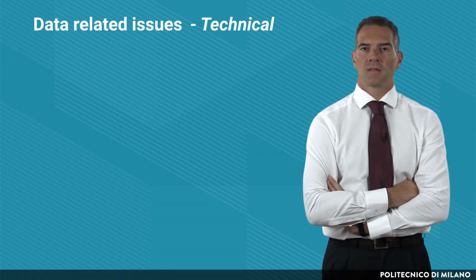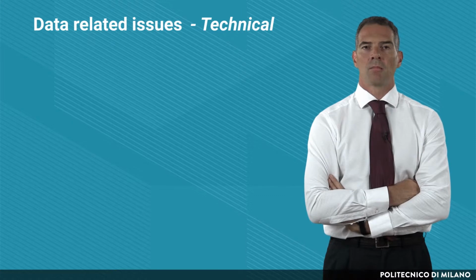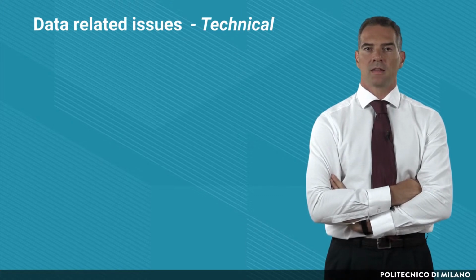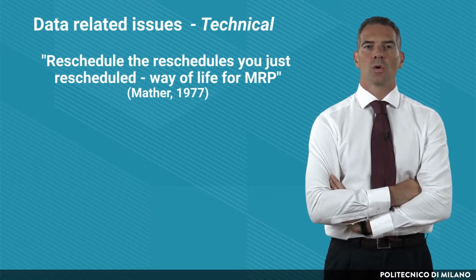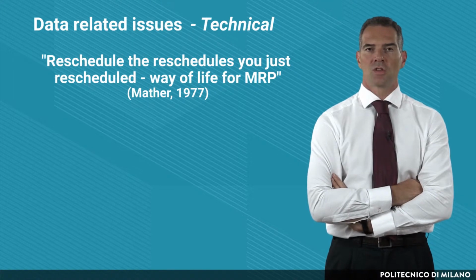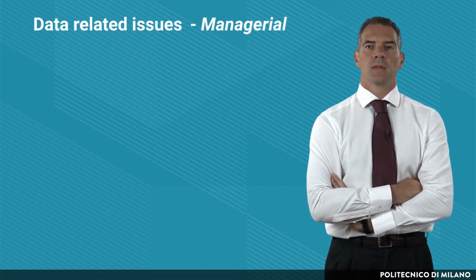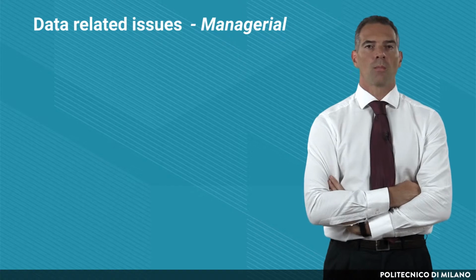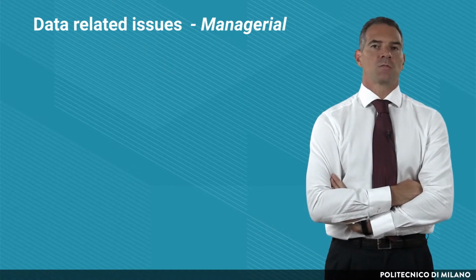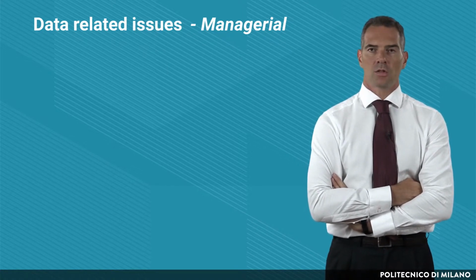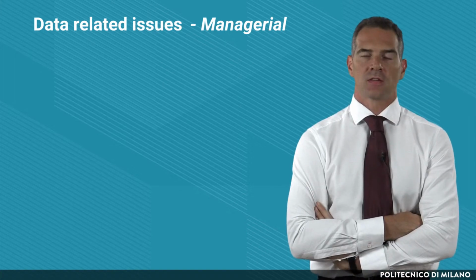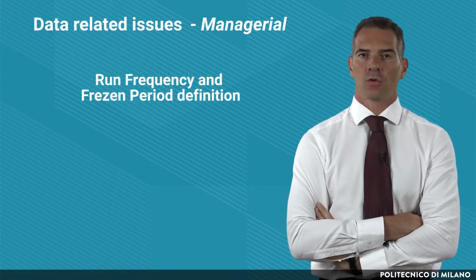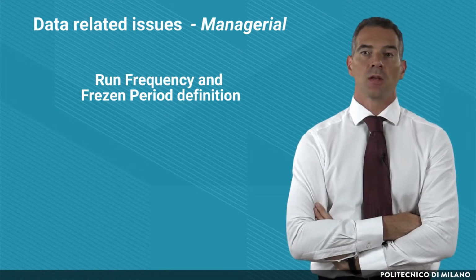This subject has been studied a lot since the very emblematic paper of Mather in 1977, whose title was "Reschedule the reschedules you just rescheduled." And notwithstanding this problem, complex management decisions have to be taken in order to deal with this.